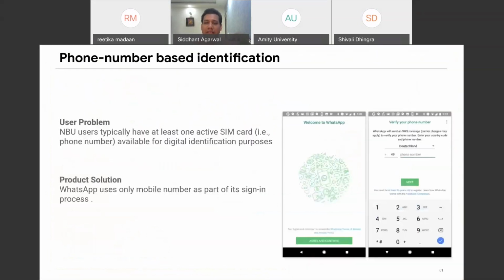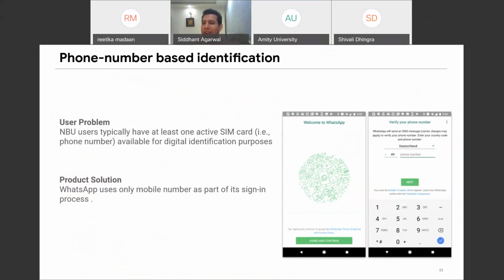Also, this is an example which everyone quotes. WhatsApp has been successful not just in India but across various geographies because of the way it identifies the user. To my understanding, WhatsApp was the first to have mobile-based authentication as part of its sign-in process.